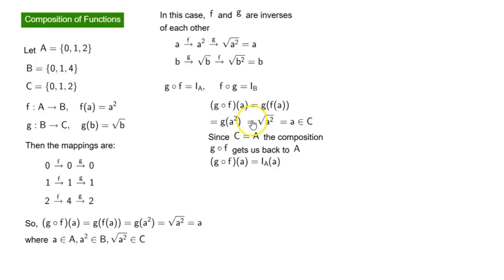Then g of A square will take the square root of this A square, which will give us A. But remember, A is now in C. It is not actually moved from A to C, but the A that we have got from g is in the set C. Since C is equal to A, the composition g of f gets us back to A, because if the two sets are equal, then they are the same set.